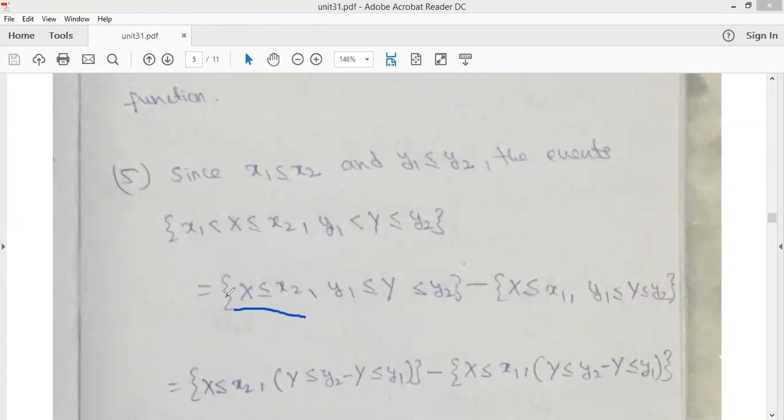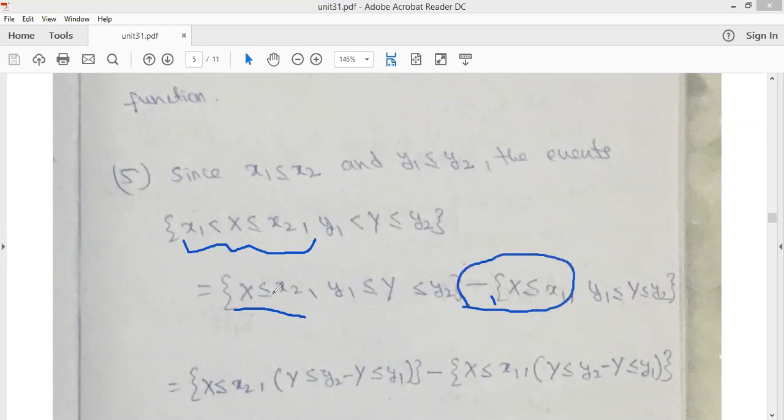Okay, now see how we got this relation: x1 less than x less than or equal to x2. How did we get it? By taking x less than or equal to x2, then minus x less than or equal to x1.